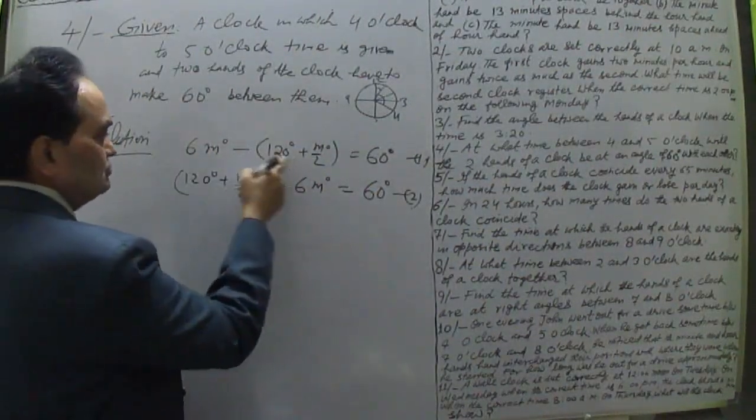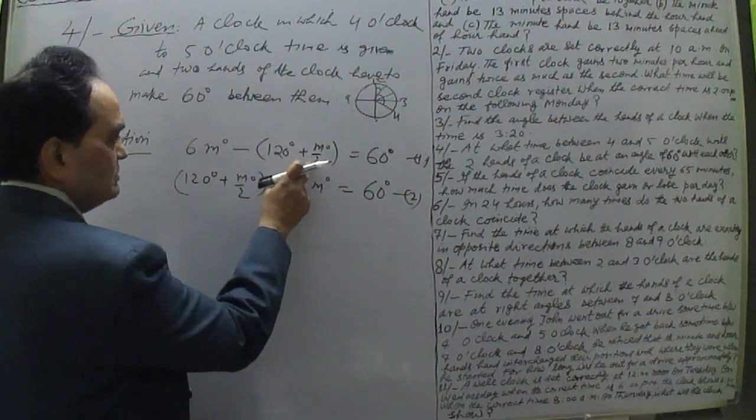Solving these two equations will give us the time value of m. Let me solve them. From the first equation, 6m minus m by 2.